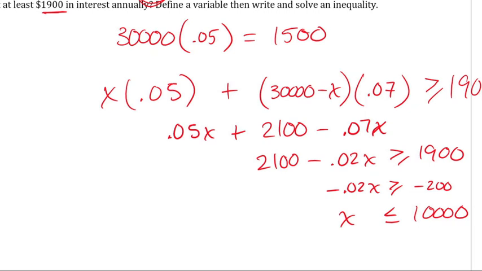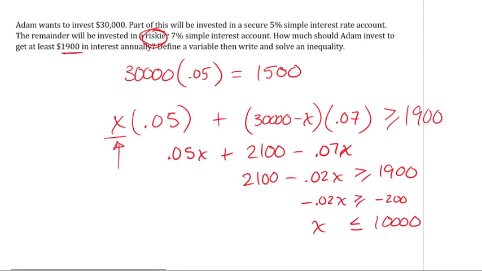So what this means to me, if I look at what x was, is that I can invest $10,000 in this account or less than $10,000. That means if I invest $10,000 in the safer one at 5%, I could put $20,000 in the other. Or I could put any number less than $10,000 in the safe one.